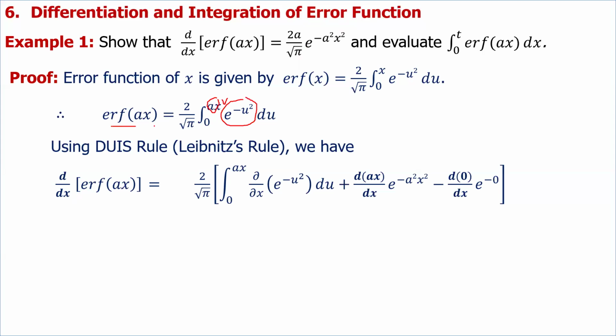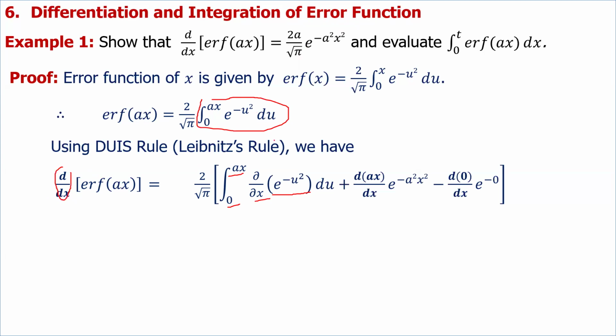The derivative of error function of ax is given by 2 upon root pi. We are taking this outside, and then the integration under the limit 0 to x of the derivative of e to the power minus u square with respect to x, because we want to differentiate with respect to x.